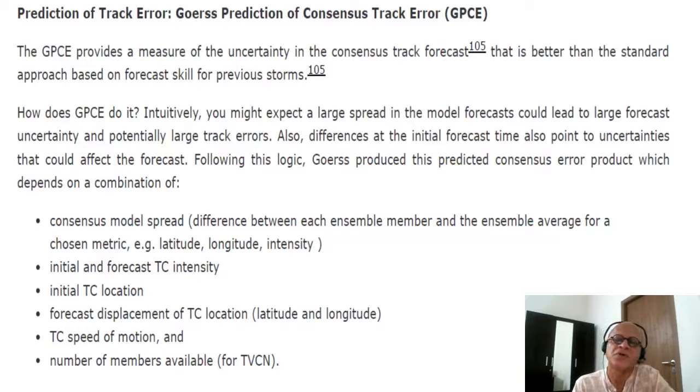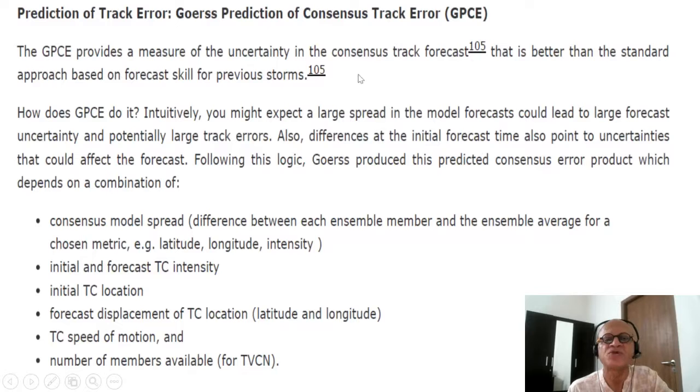We will see why we need to spend the effort to make consensus forecasts, because it's not just a matter of taking different outputs and averaging. It takes a lot of work, so we have to have some payoff for doing that. In terms of uncertainties and track errors, there is GPCE, the Goerss Predicted Consensus Error, a prediction of consensus track error.